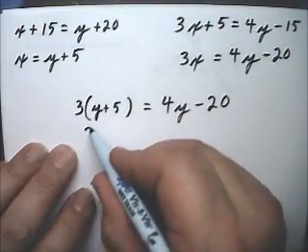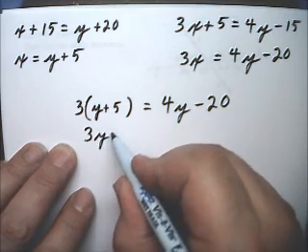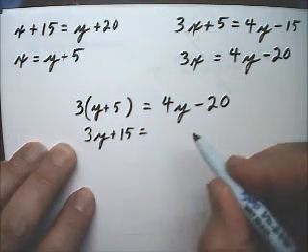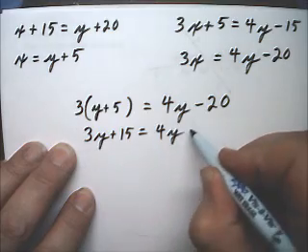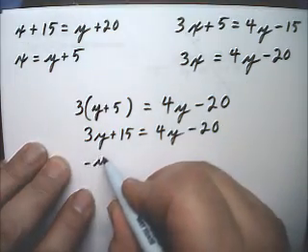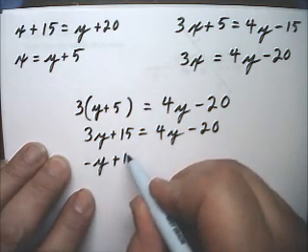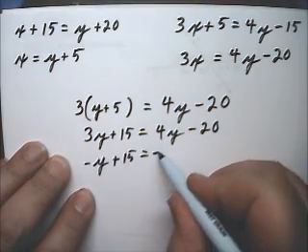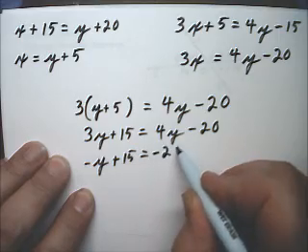So here, using the distributive property, 3y plus 15 equals 4y minus 20. Now subtracting 4y from both sides, I get minus y plus 15 equals minus 20.